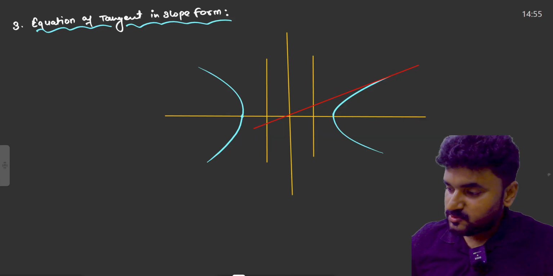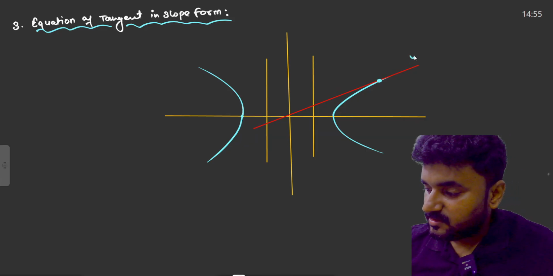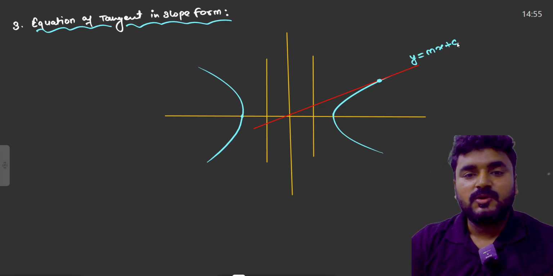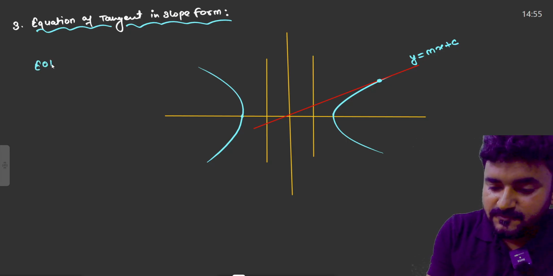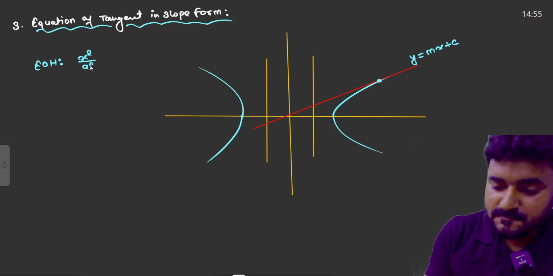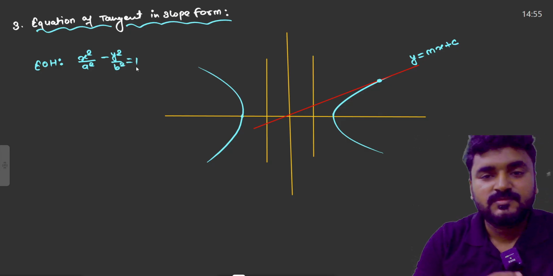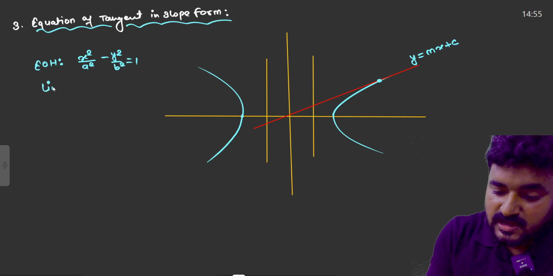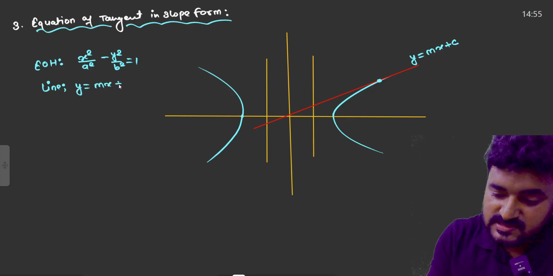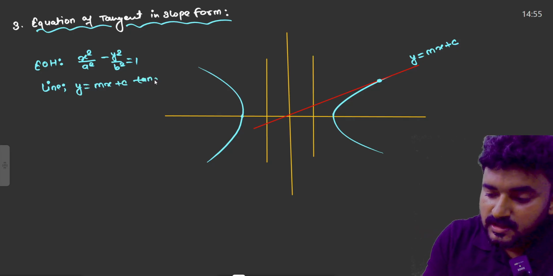Suppose this is the equation y equals mx plus c. You have the equation of the hyperbola, x square by a square minus y square by b square is equal to 1, and the line I assume, y equals mx plus c, as a tangent.